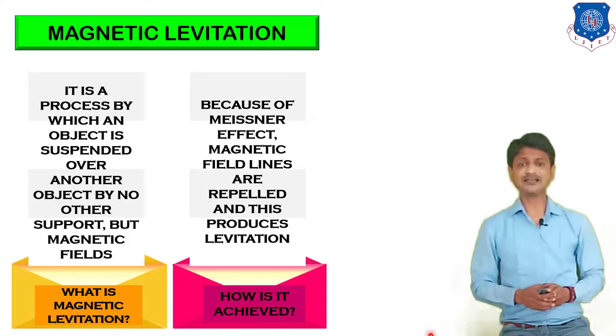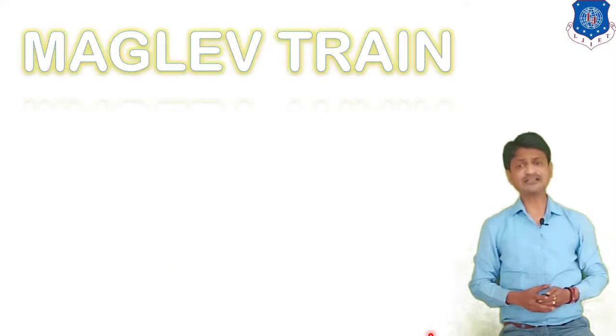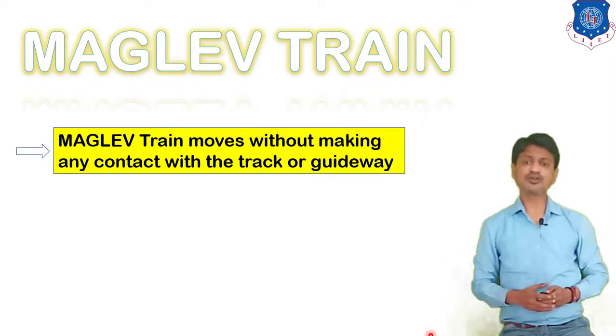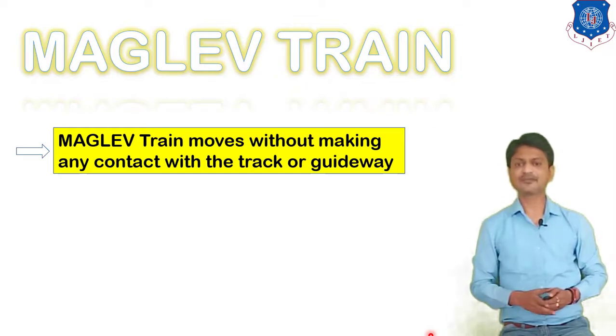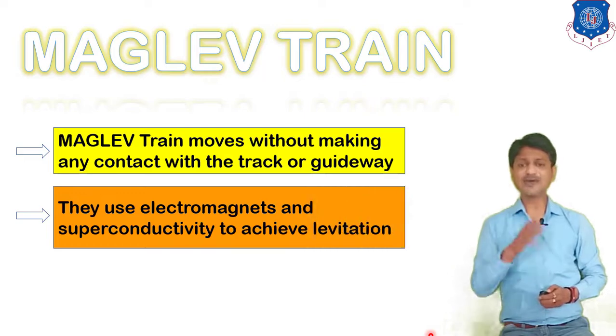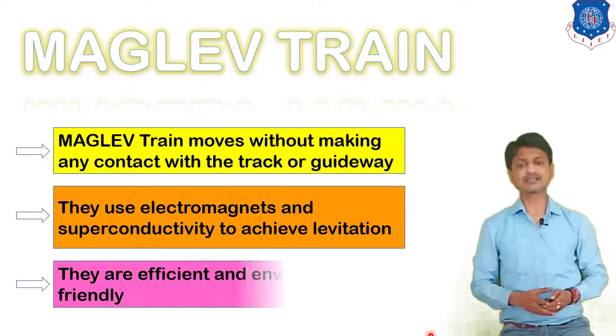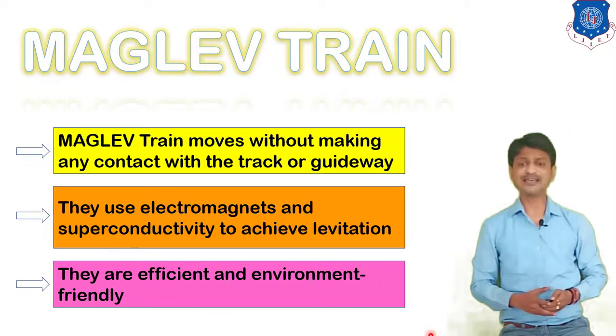So because of that effect, magnetic field lines are repelled and this produces levitation. So magnetic levitation is used in maglev train. That maglev train moves without making any contact with the track or guide wheel. They use electromagnets and superconductivity to achieve levitation. They are efficient and environment friendly.